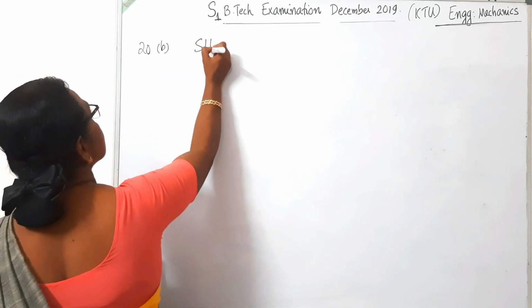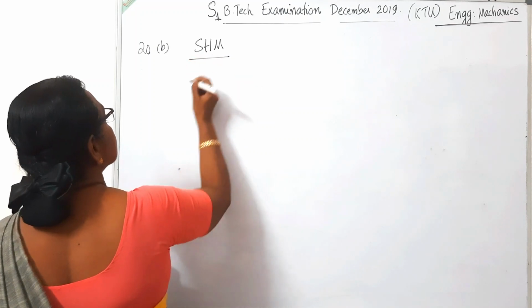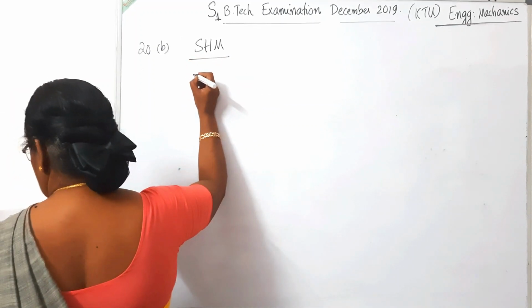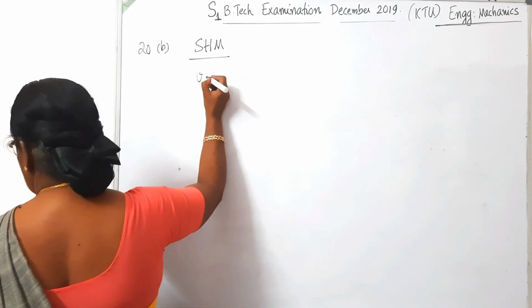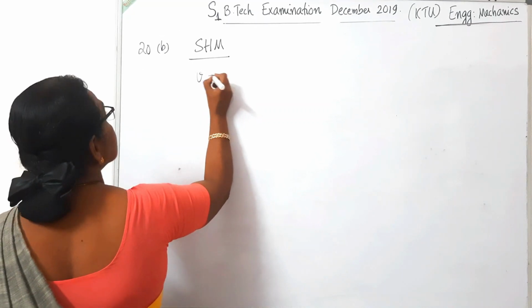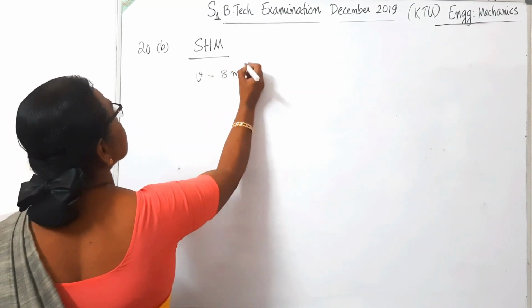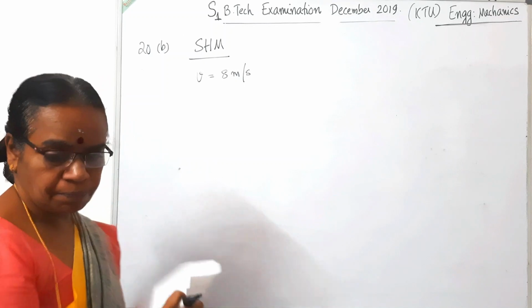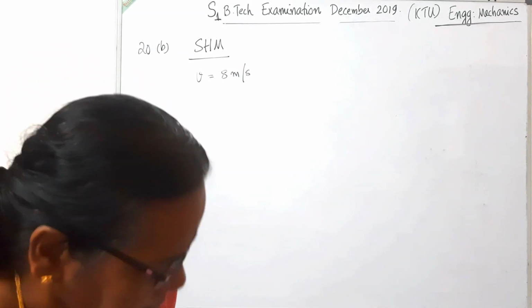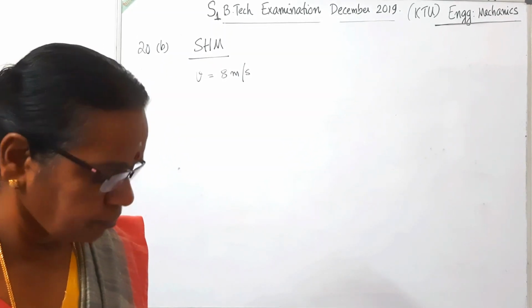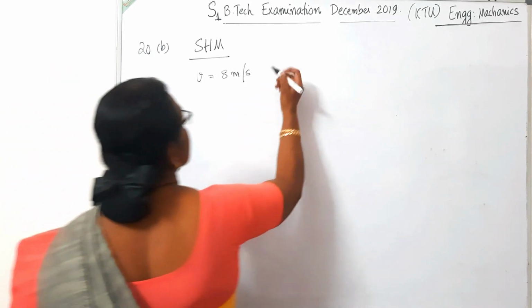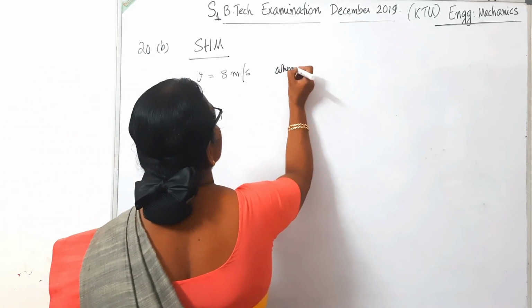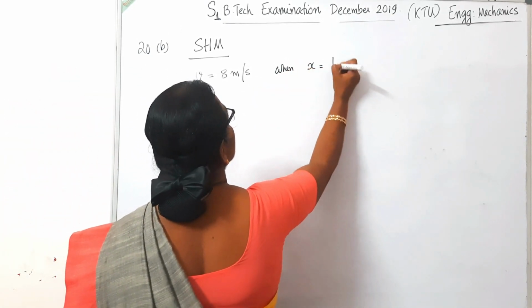Simple harmonic motion. So a particle having velocity v is equal to 8 meter per second when it is 1 meter from the mean position, when x is equal to 1 meter.